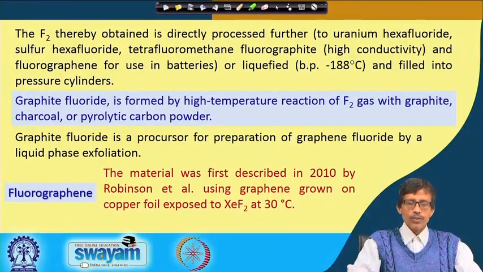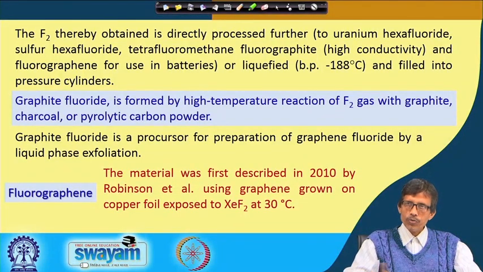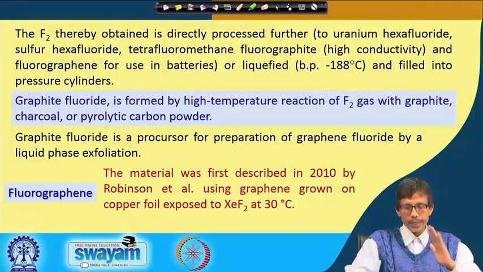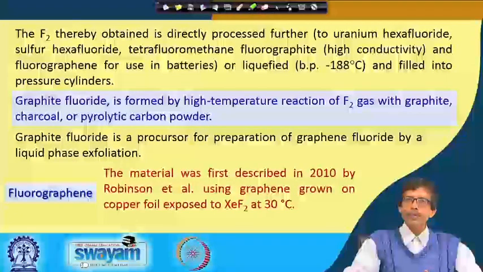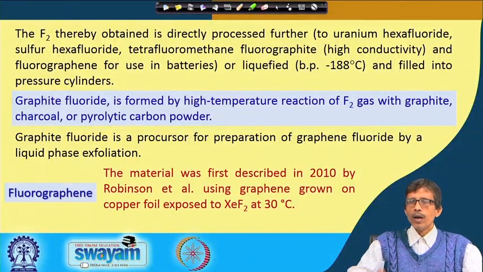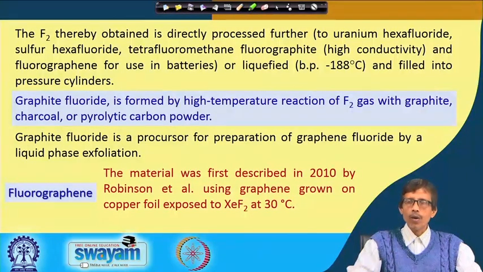When that graphene is utilized for the fluorination on a copper foil, because if you have the graphene on copper foil, it can be deposited on the copper foil and simply exposed, not to direct fluorine gas from the cylinder, but to another molecular compound, xenon difluoride, XeF2, at only room temperature or a little higher.